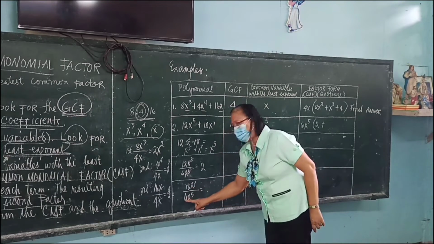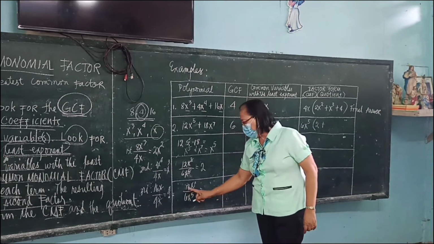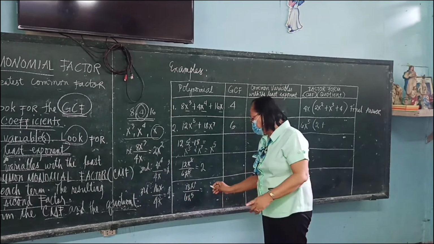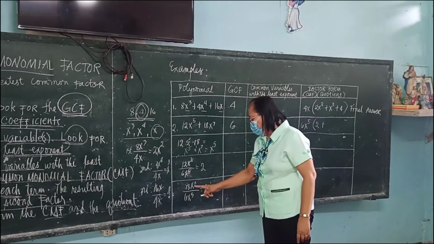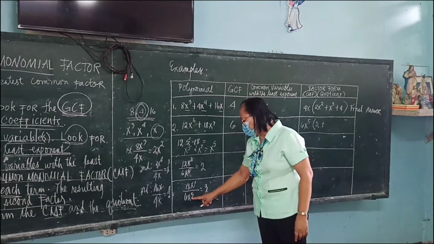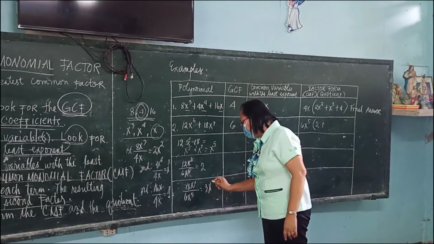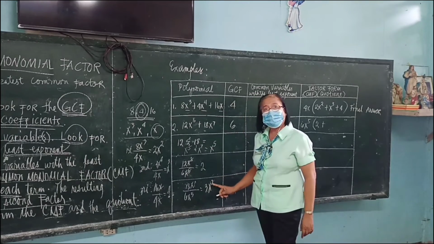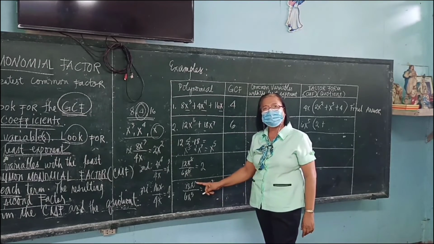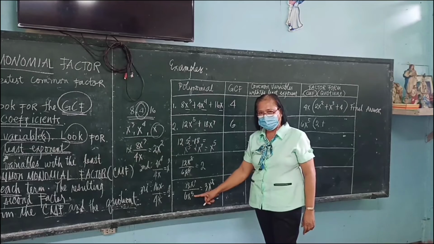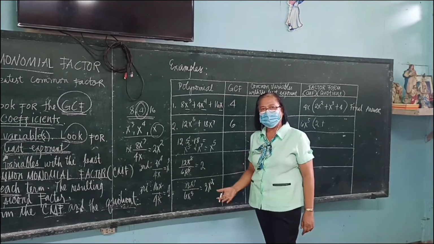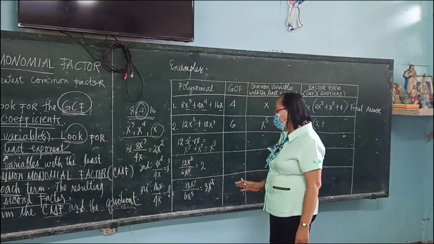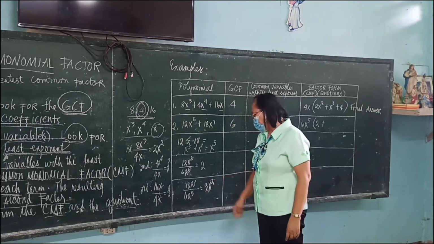Divide the numerical coefficients. 18 divided by 6 is equal to 3. Now, x to the power of 7 divided by x to the power of 5 is equal to x squared. How did we obtain the square? We subtract 7 and 5, because in the law of exponents, when dividing exponents, we subtract.